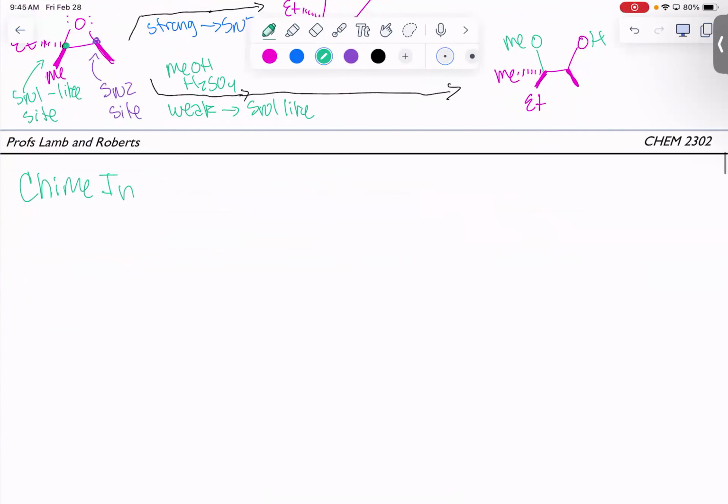If we have this particular epoxide, our stereochemistry of our benzyl group is coming towards us. And if we had ethanol and H2SO4, what would we get as our product?